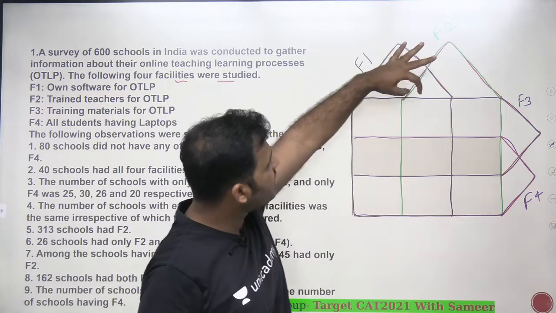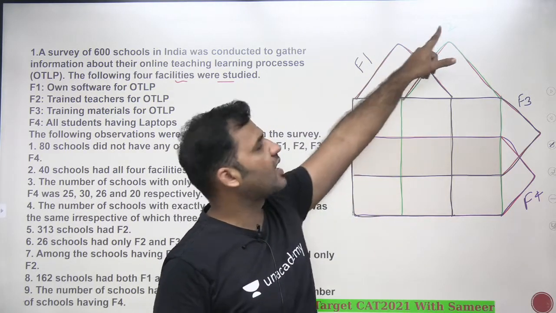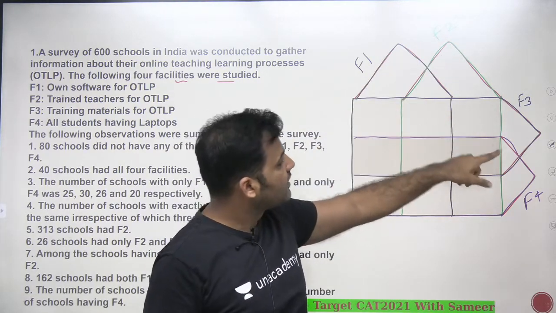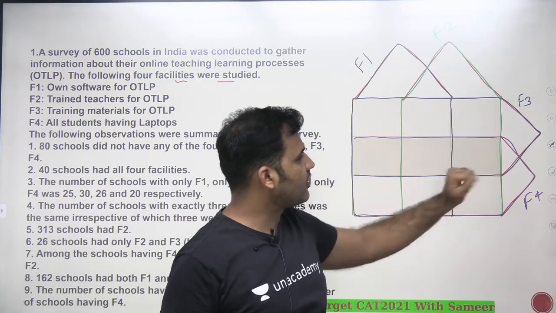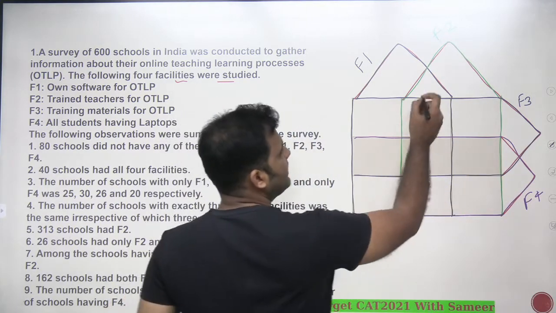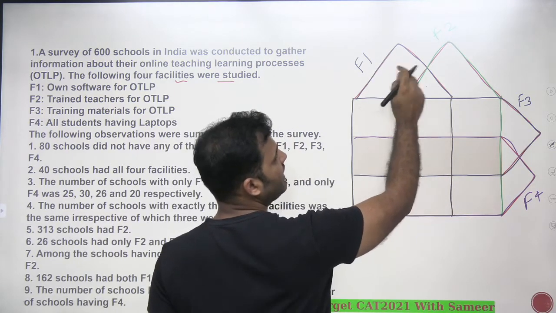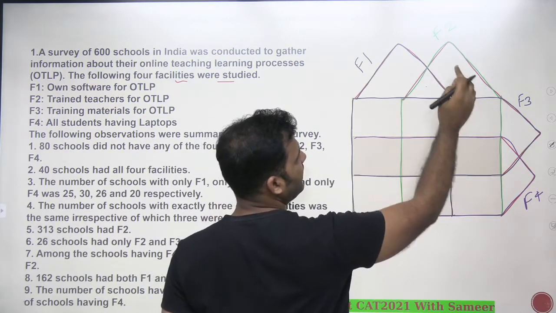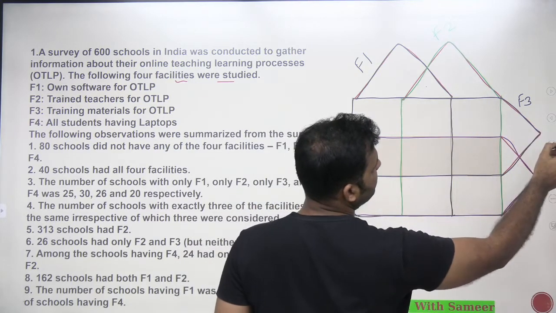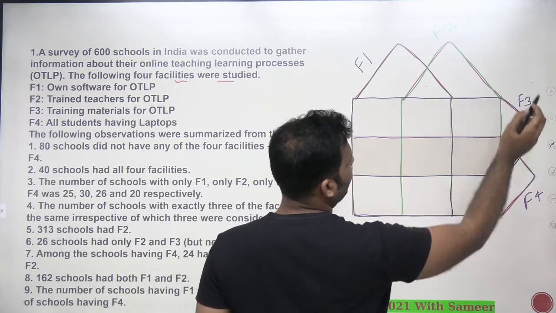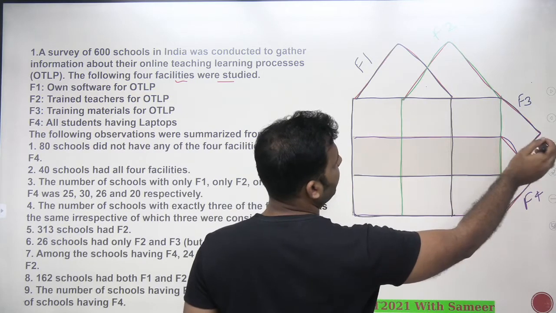Now you should know where to put the values, right? This intersection, you can see that this is the intersection of F1 and F2 only, right? This is the intersection of F3 and F4 only, right? So this is F2 and F3, this is F3 and F4, and you can see that this particular region is only F1, this particular region is only F2, this particular region is only F3, and this particular region is only F4, right?